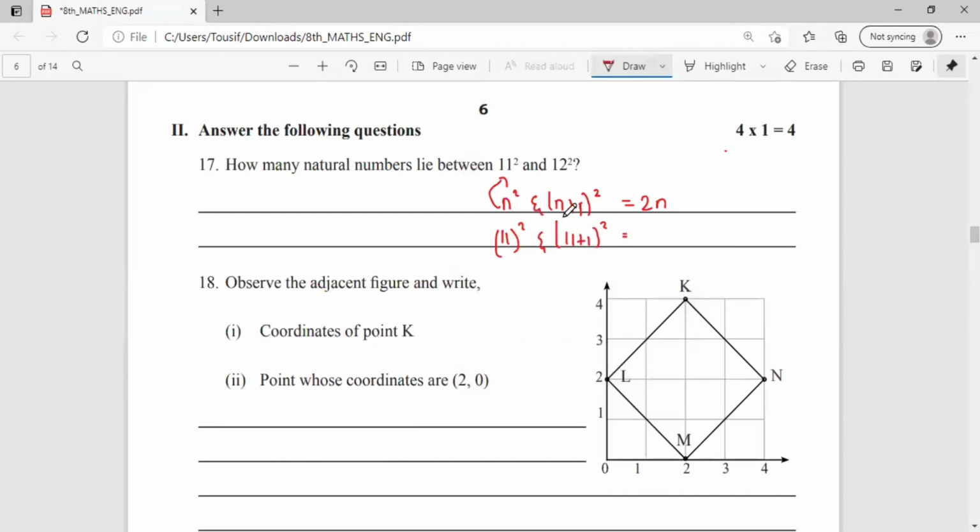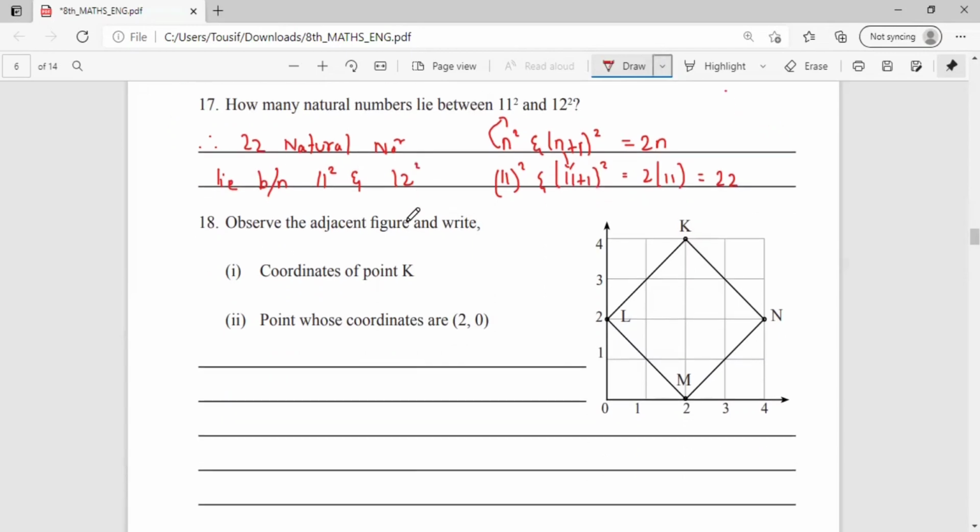So in place of n, I am going to substitute 11. So what value do we get? 22. Okay, so let us write down a sentence. Therefore, 22 natural numbers lie between 11 square and 12 square.